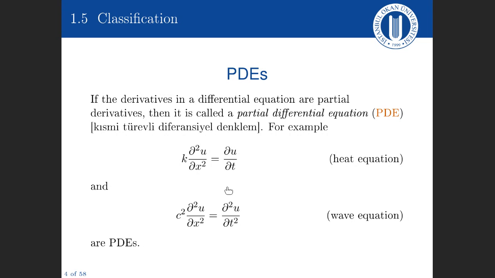For example, these two equations, the first one, which is called the heat equation, describes how heat moves in a metal bar, and the second equation, which is called the wave equation, describes how, for example, waves move on a guitar string. These are partial differential equations, or PDEs. This course is mostly about ODEs.